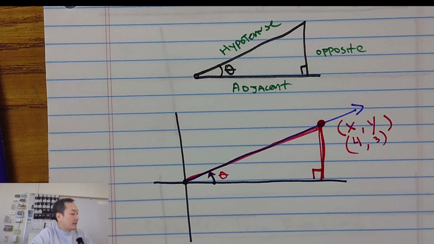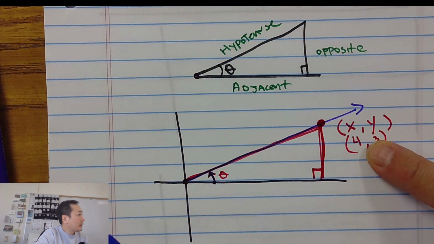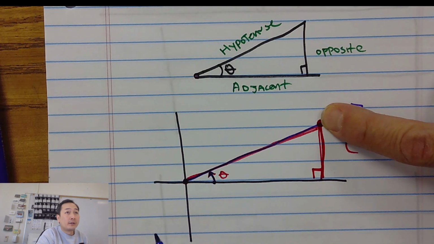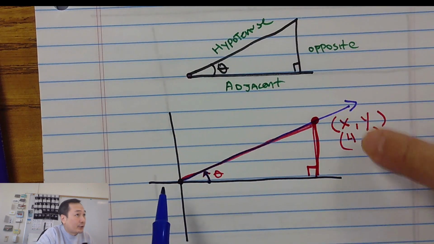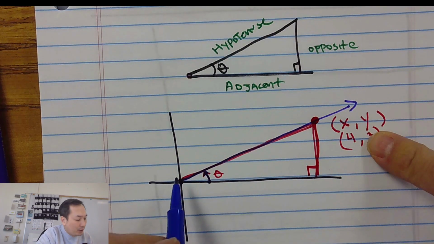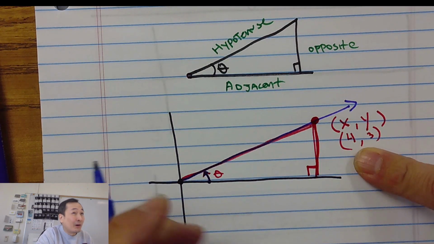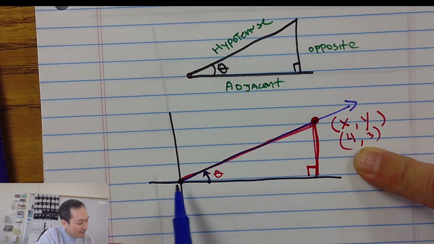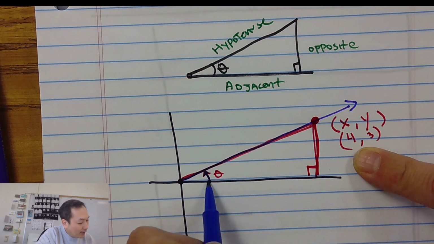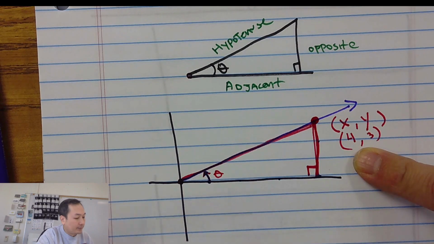If I asked you to graph 4 comma 3, that point would be here, correct? From our origin, you guys already know this, but you don't know that you know this, so your brains would be blown away. 1, 2, 3, 4, and then 1, 2, 3.